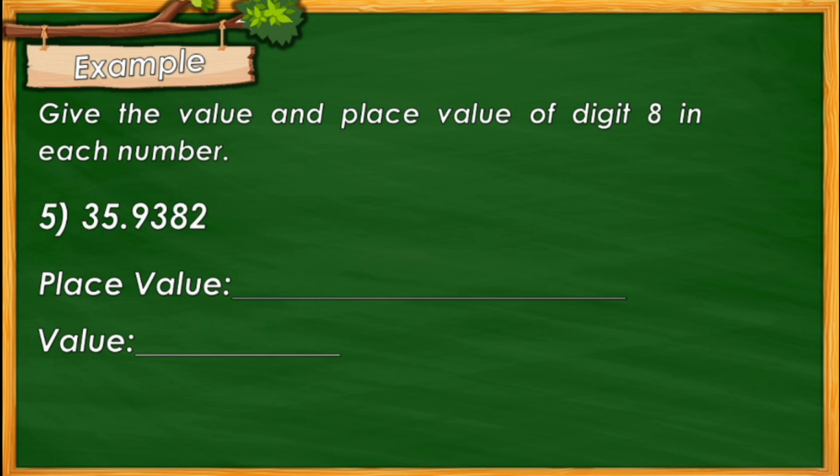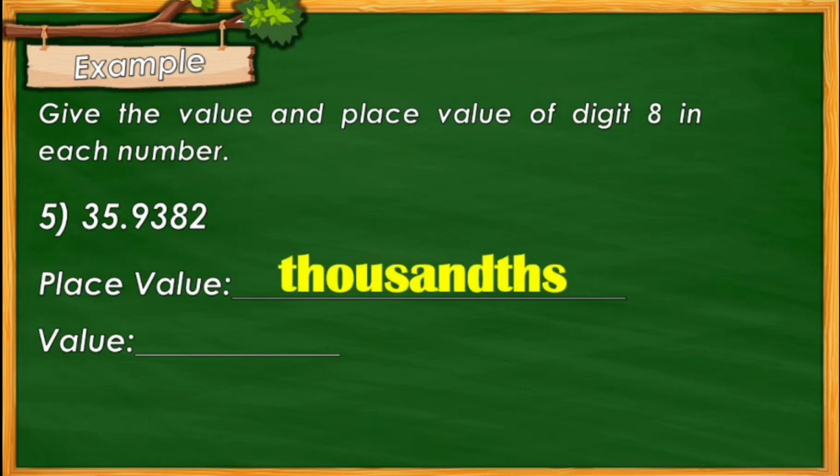Number 5, what would be the place value? Okay, so the place value now is thousandths because we have tenths, hundredths, thousandths. And then the value now is this one.